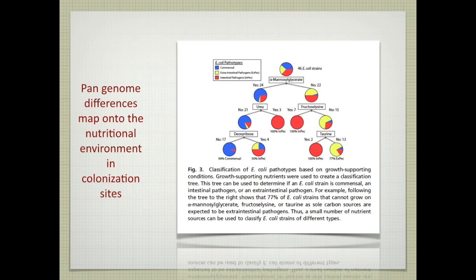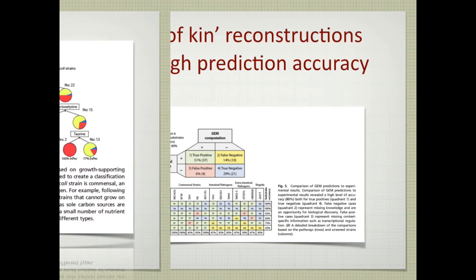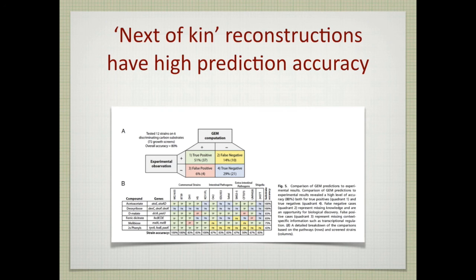The other prediction that came out of this, which is impressive, is the prediction of auxotrophies. So all these strains have missing content, the missing metabolic content, and that led to the prediction of auxotrophies, that there were some compounds they needed in the media, and 12 of these strains were available and were grown in different media, and those predictions turned out to be 80% accurate, which is astonishing.